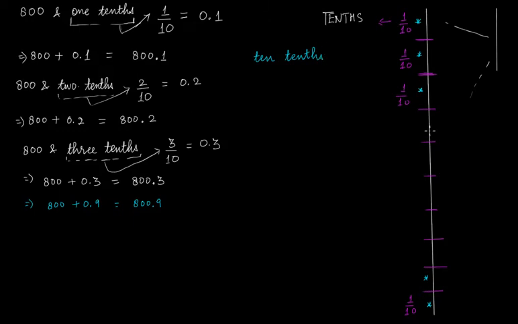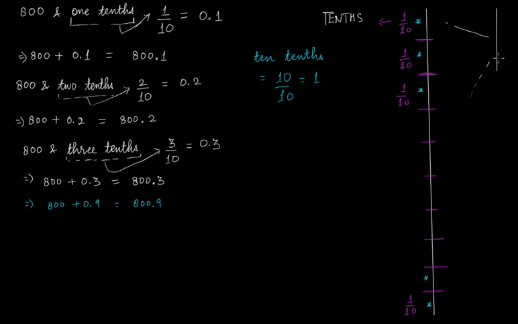This 10 tenths, what fraction will this be? That is, if you are considering a total of 10 portions, this total of 10 portions is what? The fraction will be 10 over 10. That means it is equal to 1. That means actually you have taken all these line segment portions and that is making one complete line segment. You are considering one complete line segment.